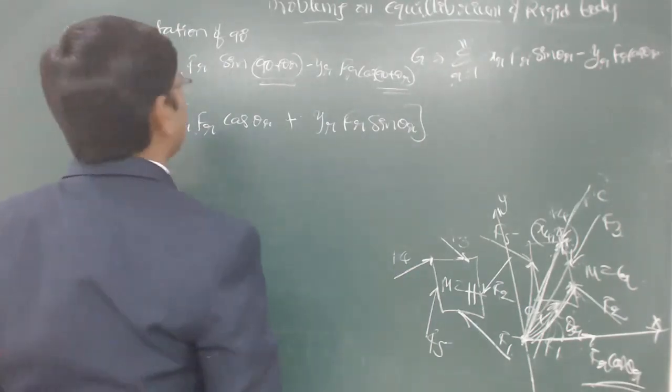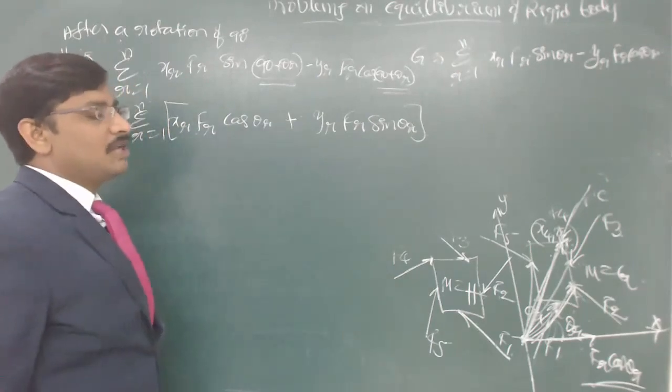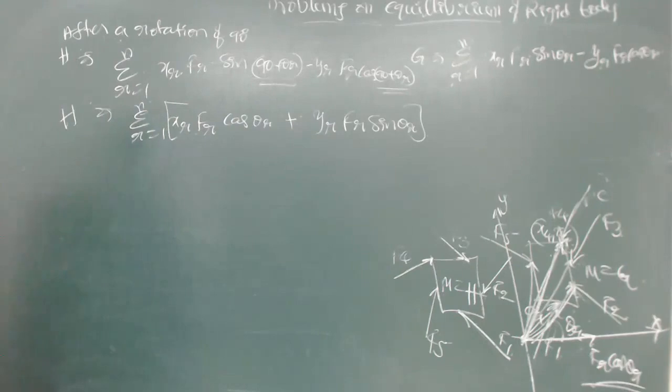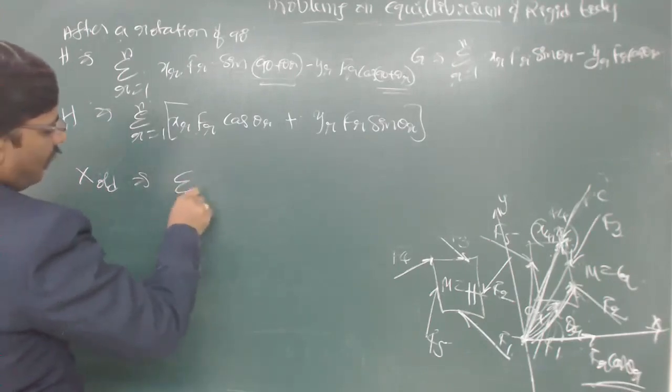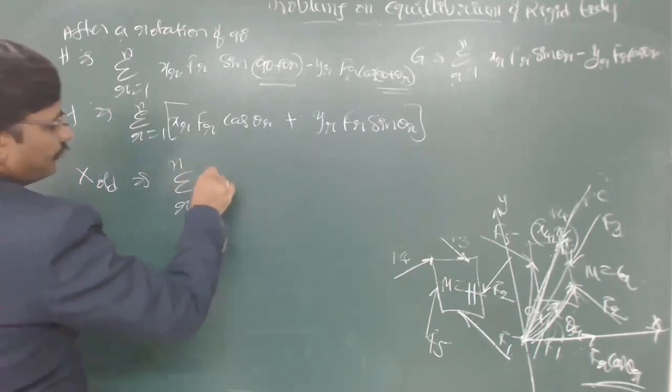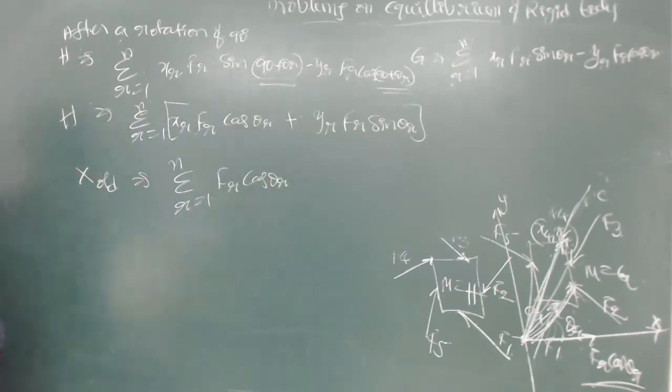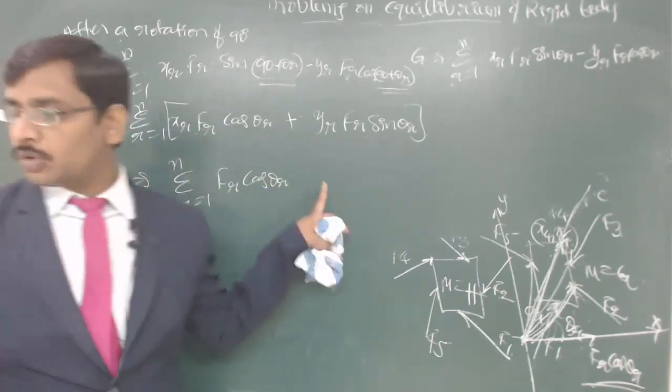Now here, if you resolve the force along the x-axis and along the y-axis, again it won't make any difference. Earlier, x old was coming out to be sigma r equal to 1 to n, fr cos theta r. This is the horizontal component of the force initially, without rotation.